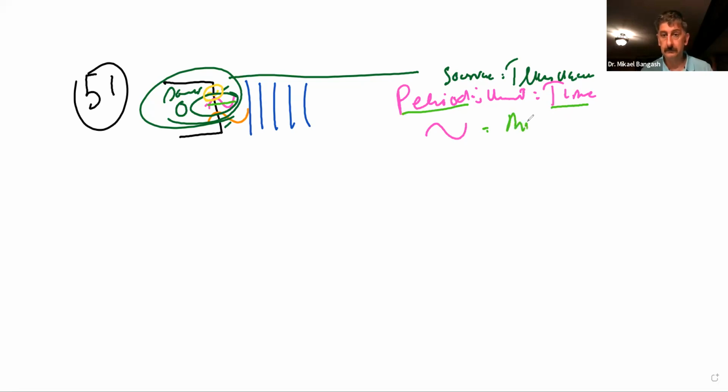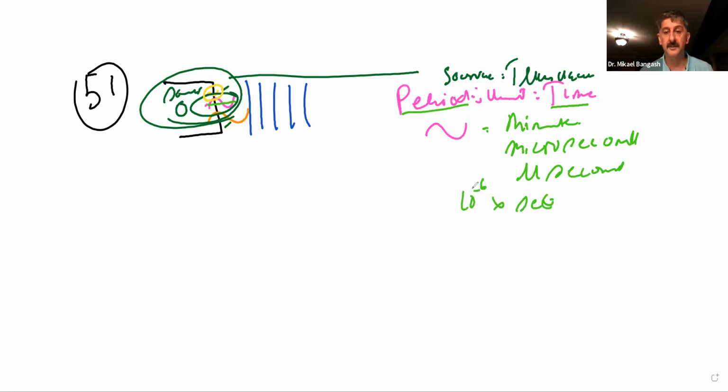A minute, that's a unit of time, that's going to be okay. That could be the unit of the period. Clear? Microseconds. Now, whether you write it like this, or like this, or like this, it's the same. Clear?